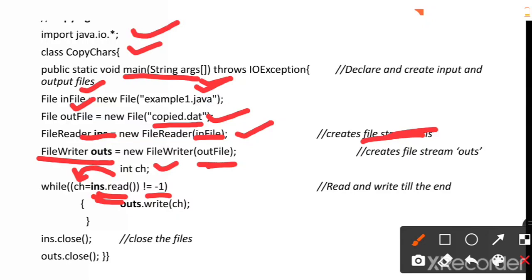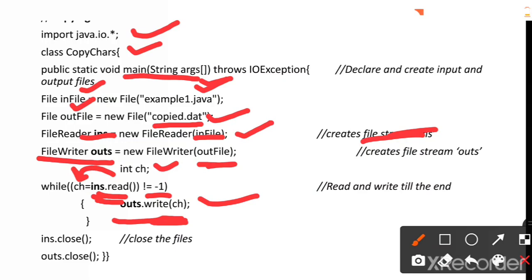We use the output stream object outs, and call outs.write. What character has to be written into that file? That is the ch character, which will be written continuously. Every character from the input stream is read and stored in ch, and then it is written into the output file.